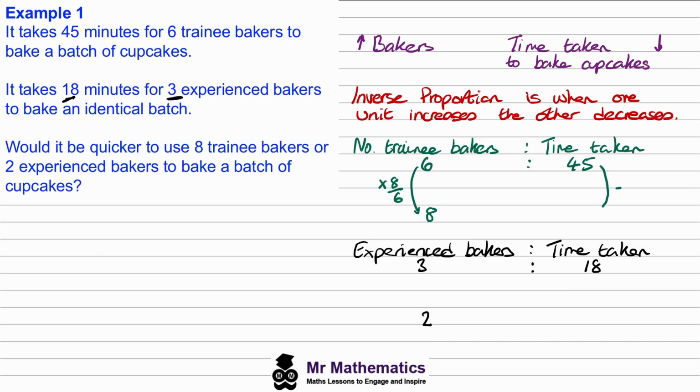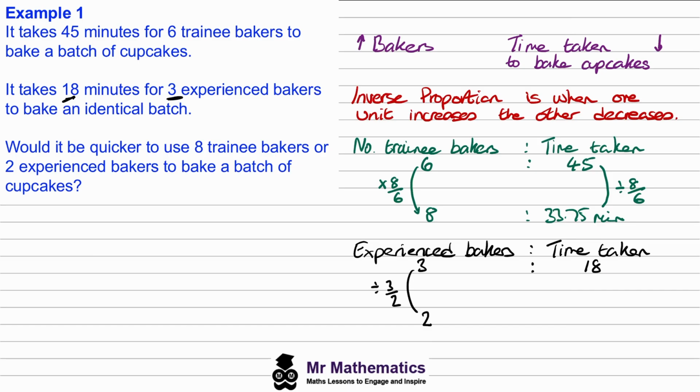I'm going to divide by 8/6. I could also simplify this fraction to make 4/3 here and here. So when we divide 45 by 8 over 6, we get 33.75 minutes.